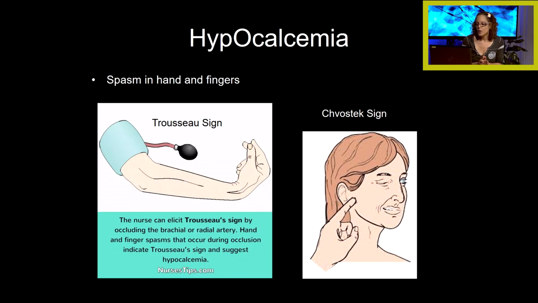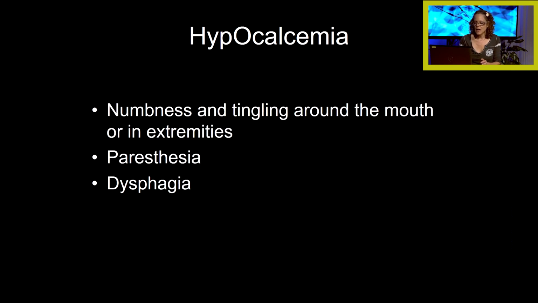In hypocalcemia, spasms in the hands and fingers can occur when we occlude the brachial or radial artery. And this is one of the signs that tells us the patient is hypocalcemic. Other signs can be numbness and tingling around the mouth or in extremities, paresthesias, which is a feeling of needles and pins, or dysphagia, which can be difficulty swallowing.